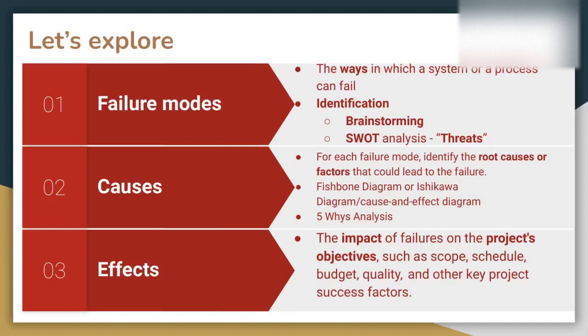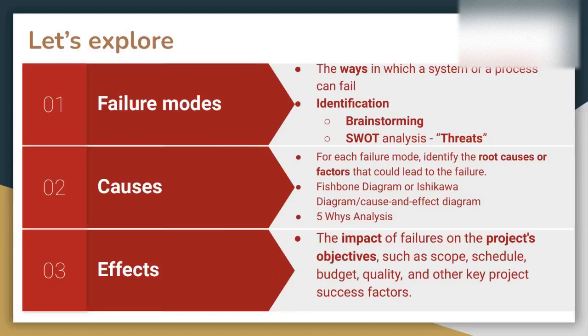That's the important step. Once you know that there could be a failure in a certain area, you should know the causes of it. How can you, as a project team, identify these causes? Again, by applying some of these well-known techniques, right?